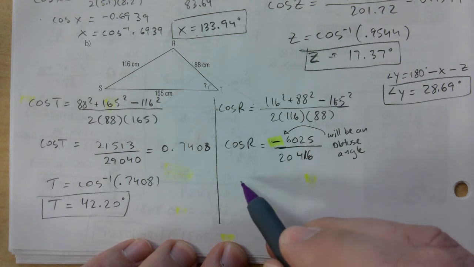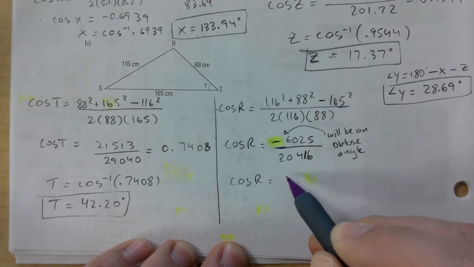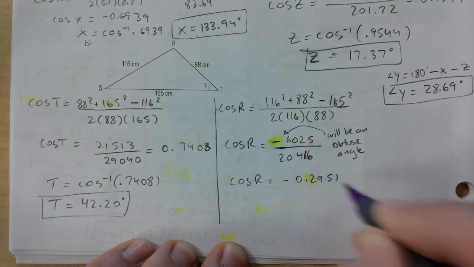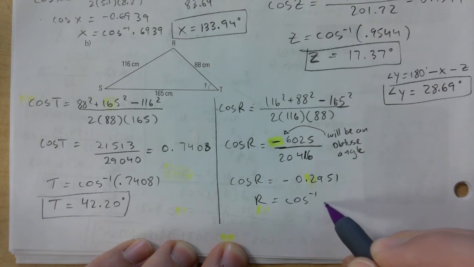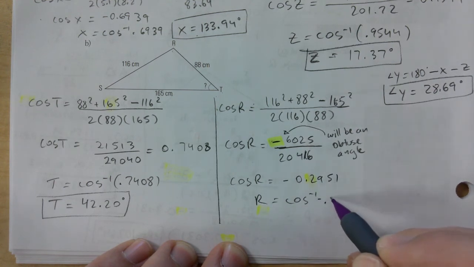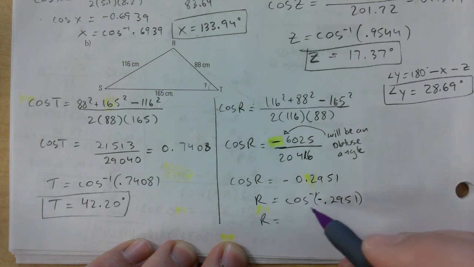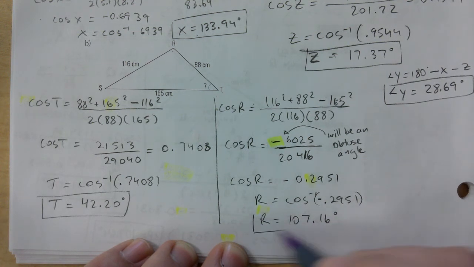You can be guaranteed, cosine of R, I'm going to get that as a negative 0.2951. So R is cosine inverse of negative 0.2951. Please don't drop the negative. Promise yourself to never drop the negative, right? I'm going to keep it with me the whole time. And you get 107.16 degrees.